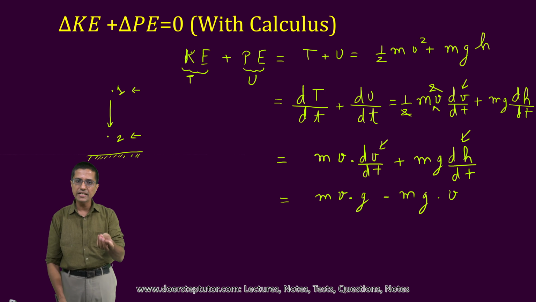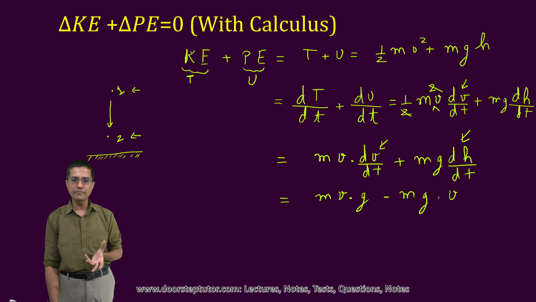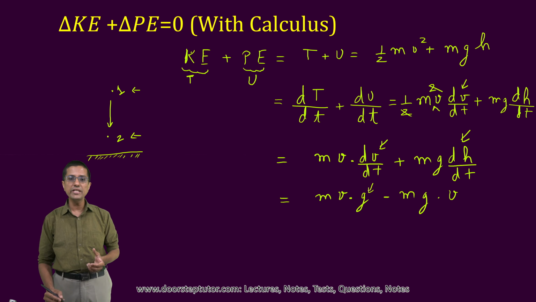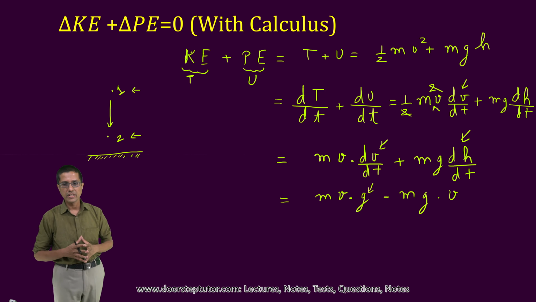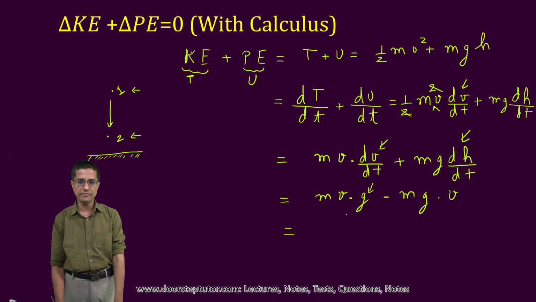In this case we can take the speed also, because we know that everything is happening in a single direction. And similarly dv by dt is the rate of change of velocity, which is just acceleration, which we know to be the acceleration due to gravity. So I took the sign of this v to be negative, and this dh by dt becomes minus v. That's what we said.